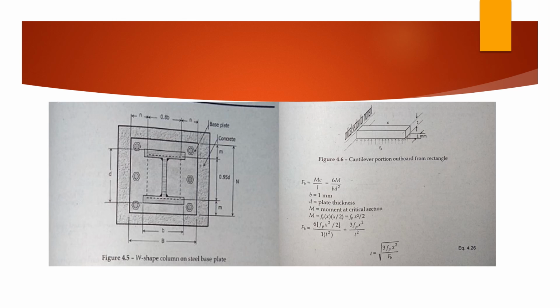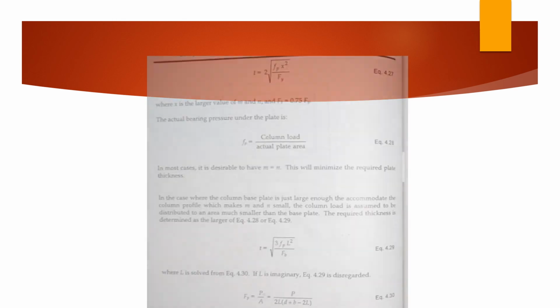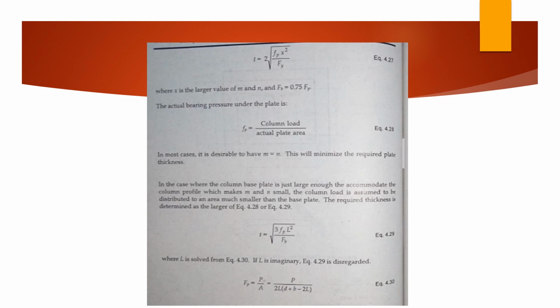So Fb is equal to 6 times Fp x squared over 2 over 1 t squared, equal to 3 Fp x squared over t squared. So our t is equal to the square root of 3 Fp x squared over Fb, where x is the larger value of m and n, and Fb is equal to 0.75 Fy.